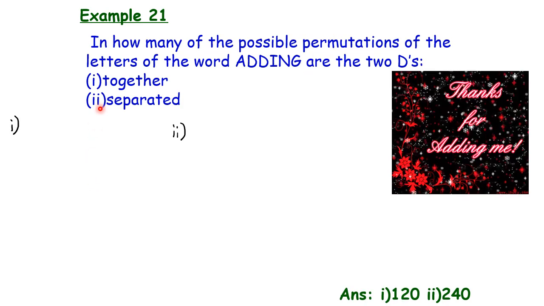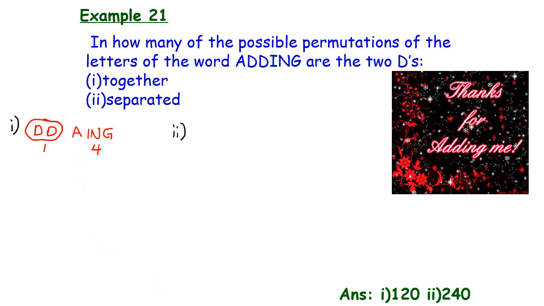And then in example 21, in the word adding, let's see what happens if the 2 D's are together or separated. The first one: if the 2 D's are together, we consider the 2 D's as one unit. And the remaining, we have another 4 letters.